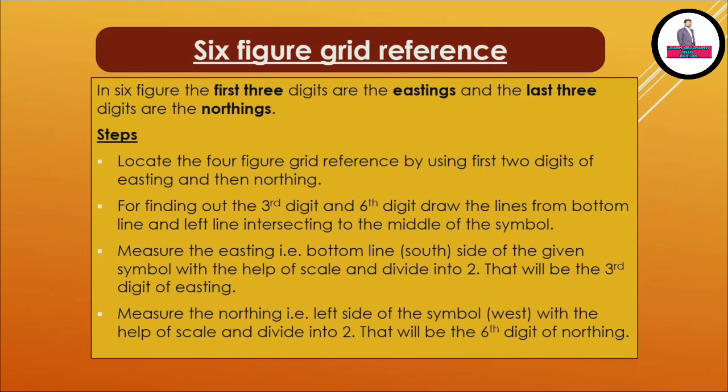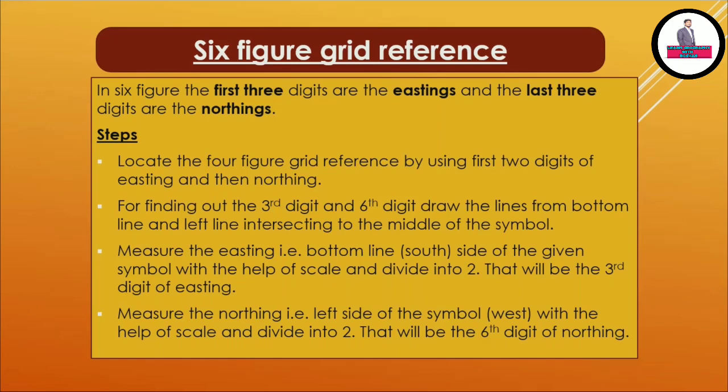For finding out the third digit, that is easting, and the 6th digit, that is northing, draw the lines from the bottom line and left line intersecting to the middle of the symbol. So where the symbol is, from there you should draw the right angle from the easting side as well as from the northing side. The left line and the bottom line should make an exact right angle. Then the bottom line has to be measured for the easting.